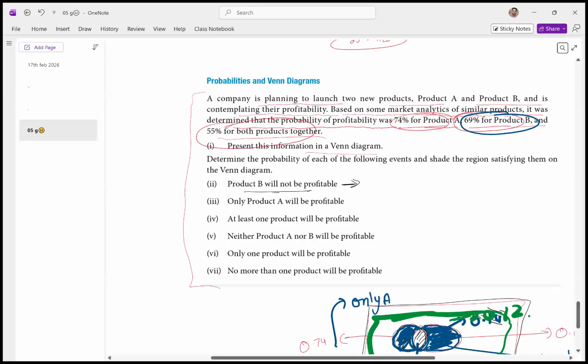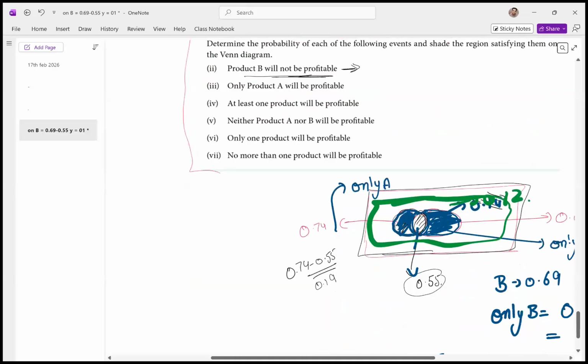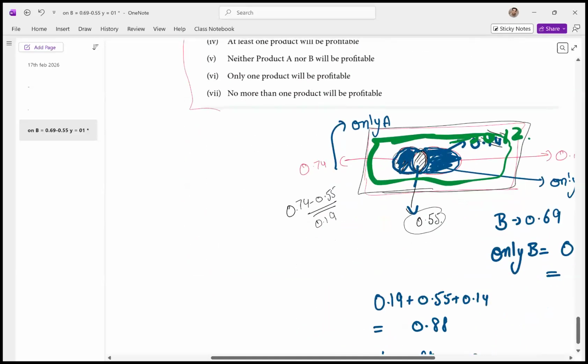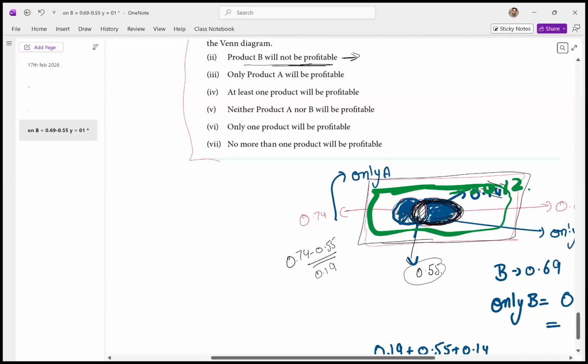Product B will not be profitable. If product B is not profitable, that's what we're trying to find out. The profitability of product B was this whole section, 0.69. So everything other than product B means product B will not be profitable.